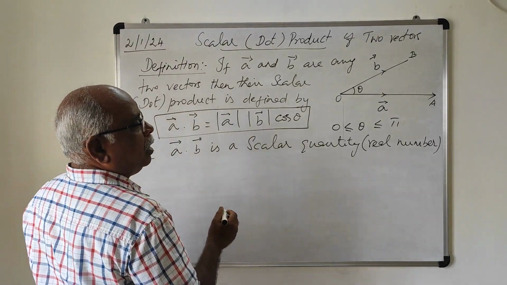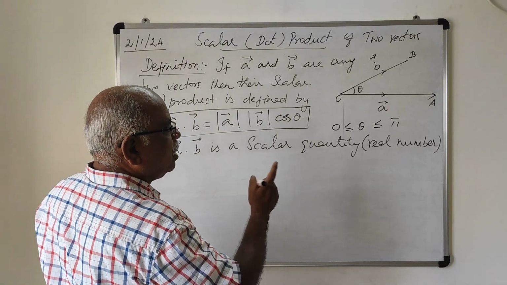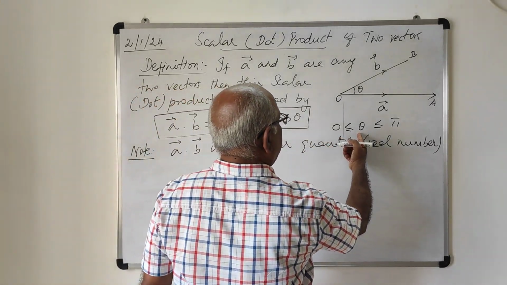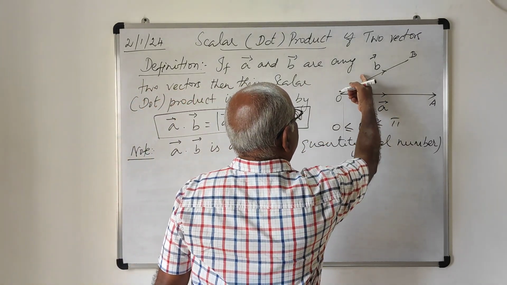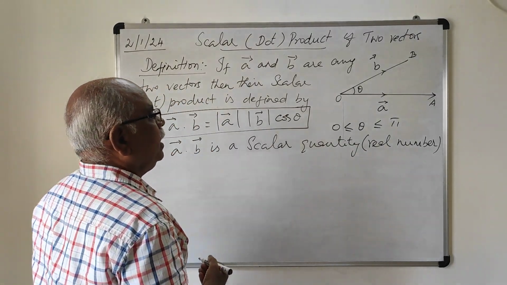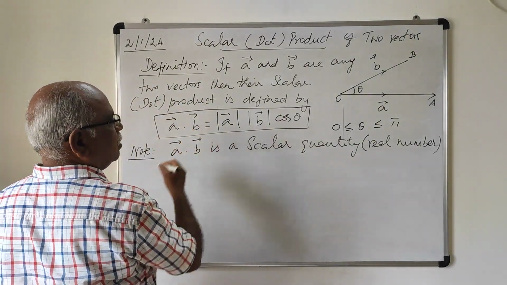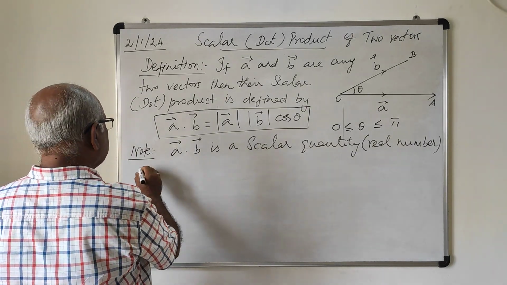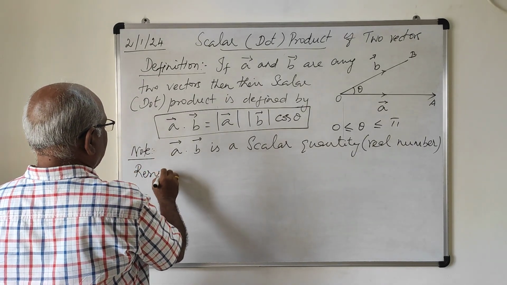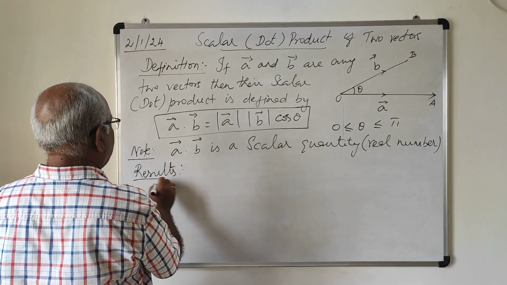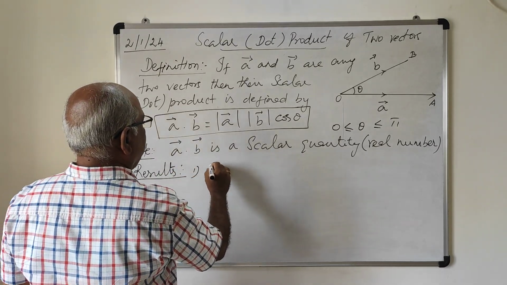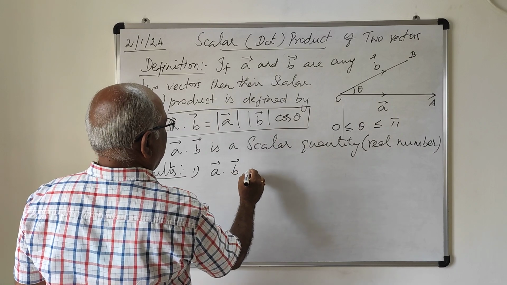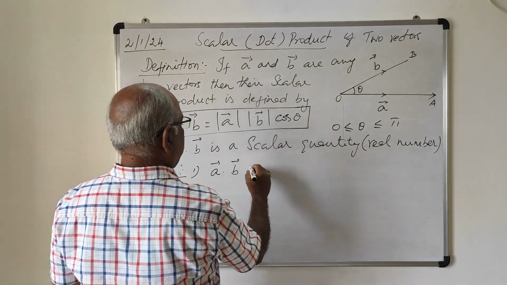Now, theta is the angle between the vectors A and B. For A dot B, some results you have to remember. A dot B is mod A mod B cos theta.